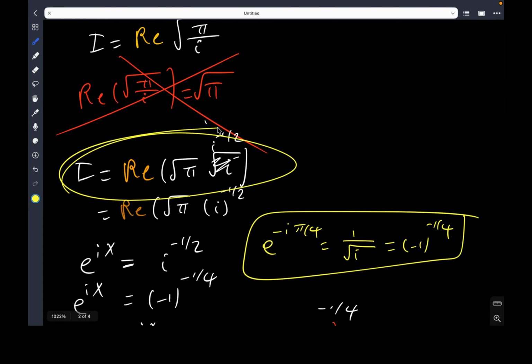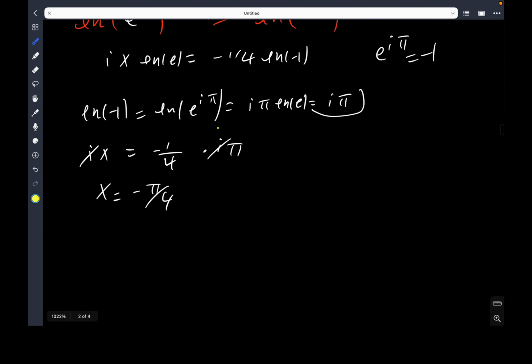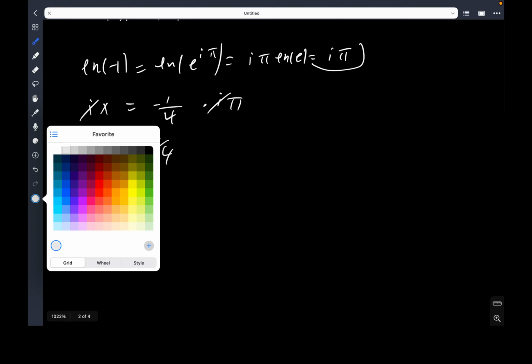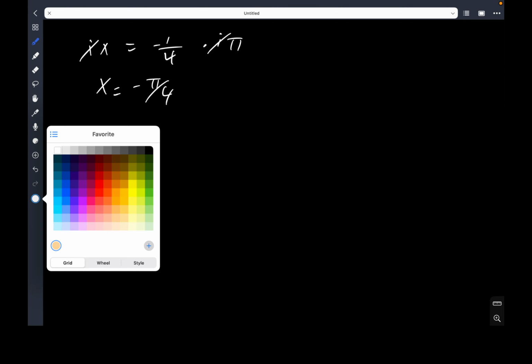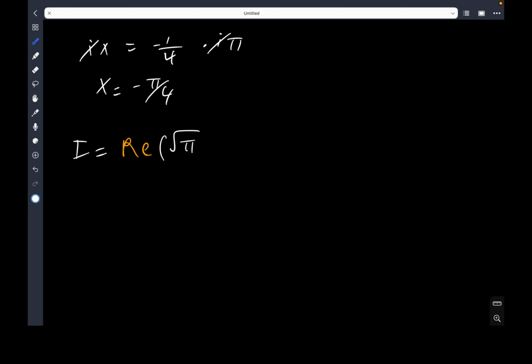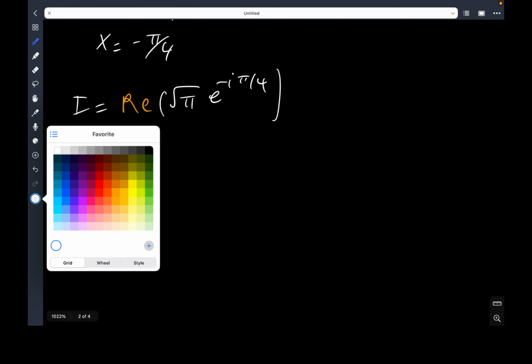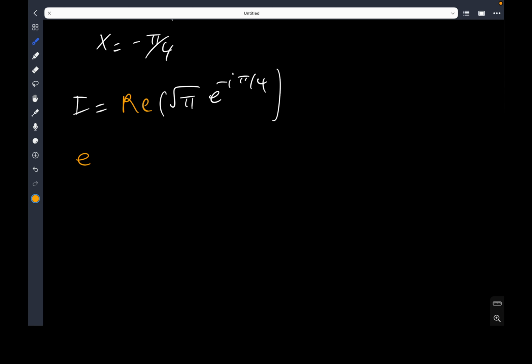Now, if I write this integral here again, the I is the real part of root pi e to the negative i pi over 4. Now, using Euler's formula again, e to the ix is cosine x plus i sine x.